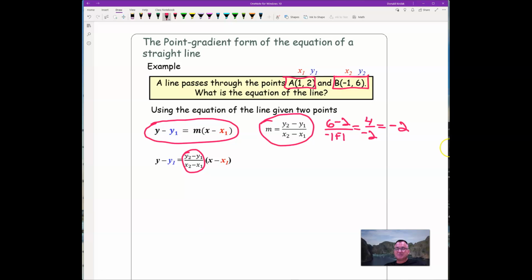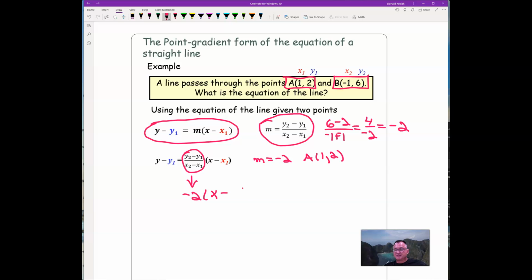It doesn't matter which one. So I'm going to use the one with positives. I know that my slope is negative 2, and I'm going to use the point (1, 2), and I'm going to drop them in here. So this whole slope business is negative 2.